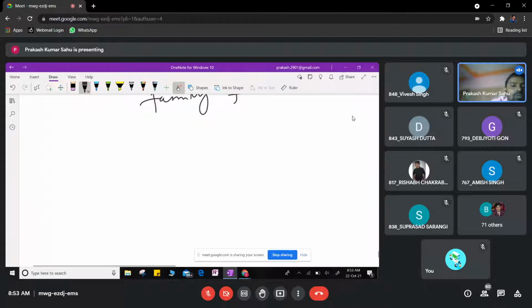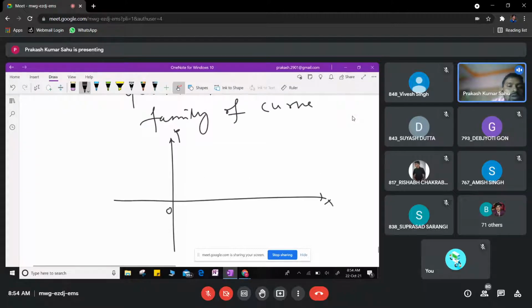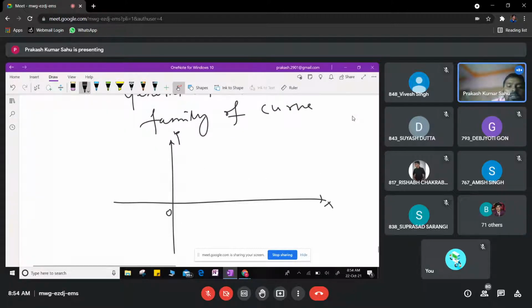For example, suppose this is the x-axis and this is the y-axis. If you find the general solution, suppose this is your 0 and this goes up to infinity. I started from 0 because I take the domain 0 to infinity. Then suppose this solution is like this.